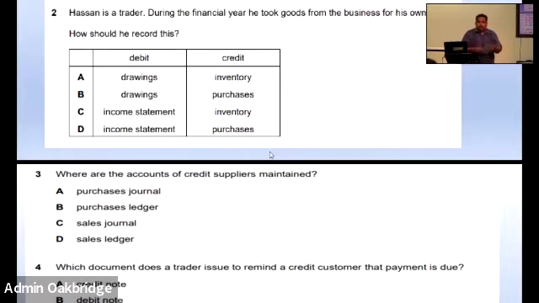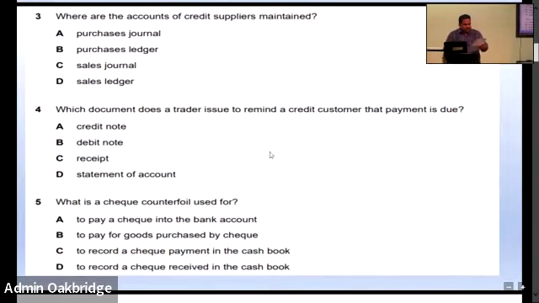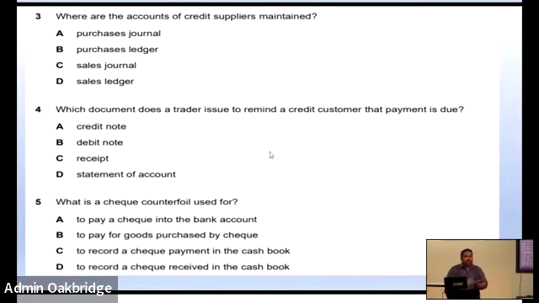B, purchases ledger. Credit suppliers' accounts are kept in the purchases ledger. Number 4: which document does a trader issue to remind a credit customer that payment is due? Statement of account.